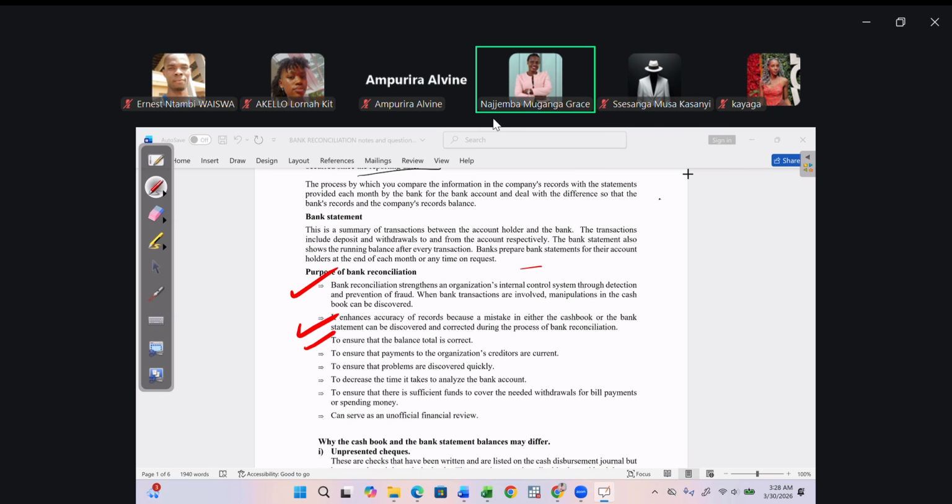Then to ensure that payments to the organization's creditors are current, where you record payment you have done, when did you last pay the creditor. Also to ensure that problems are resolved quickly. When you do a reconciliation, you're able to identify some of these errors and correct them quickly.